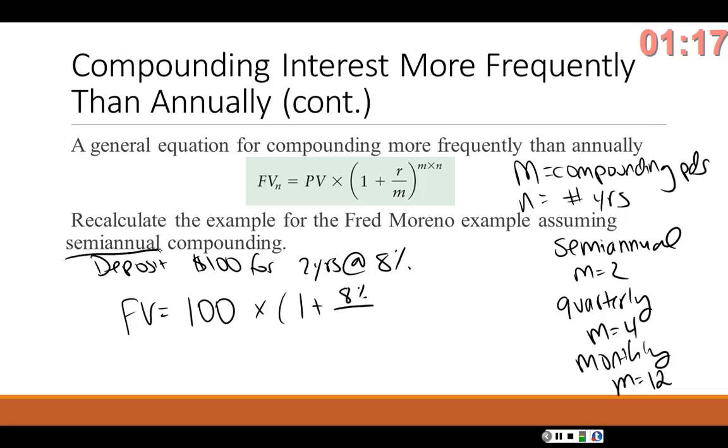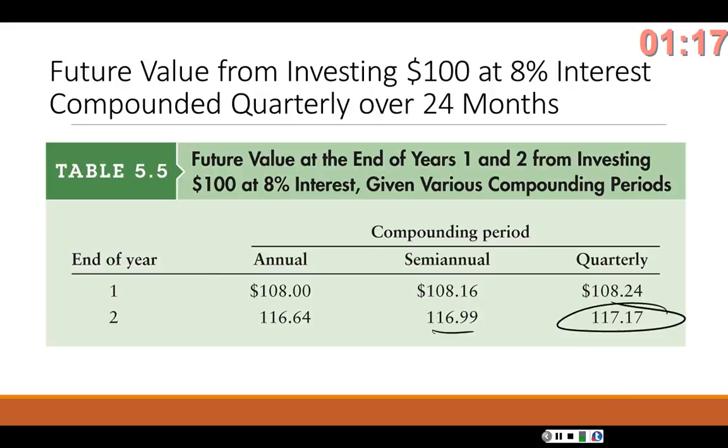We're saying semi-annual here, so M is equal to 2. Raise that to the number of compounding periods, which is 2, and multiply it by the number of years, which is 2. If you work this out, you get $116.99, which is what we found on the previous slide.